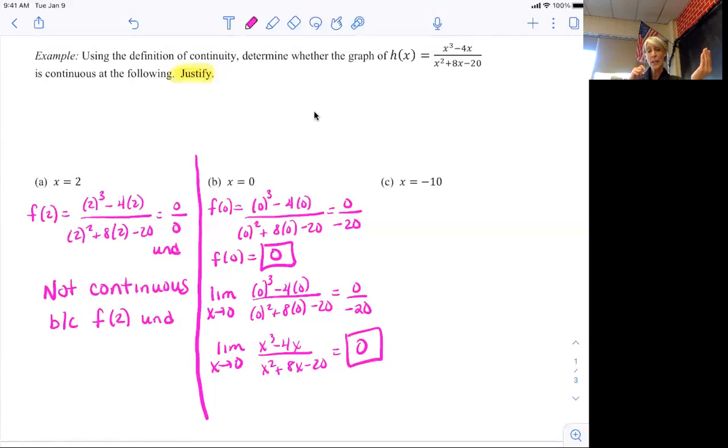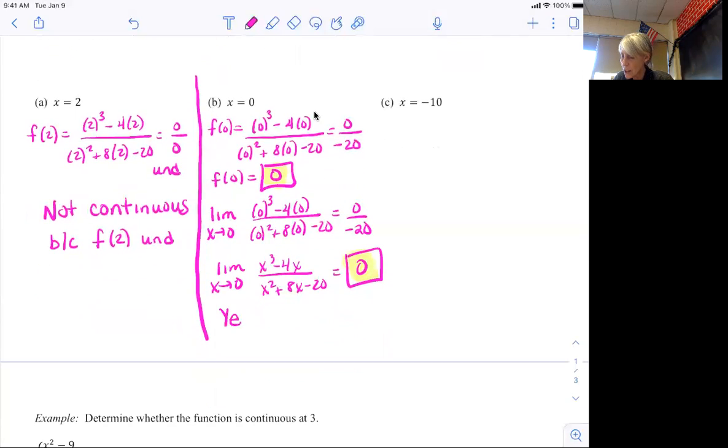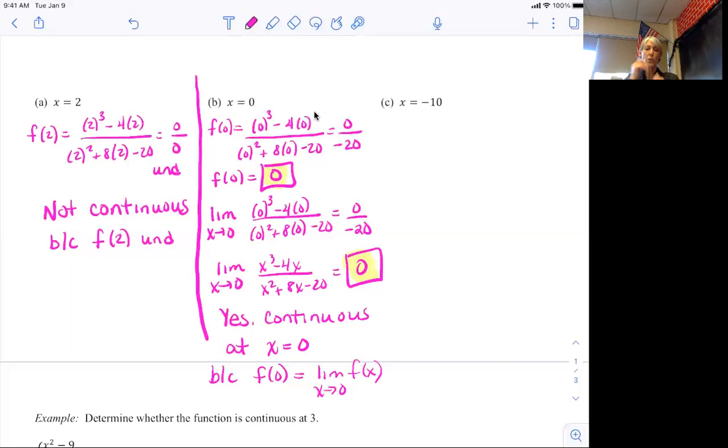When I evaluate the limit, I get an answer. Do these two numbers match? Since they do match, yes, it is continuous, because f of 0 matches the limit as x approaches 0. Or vice versa, you could write it in either order.